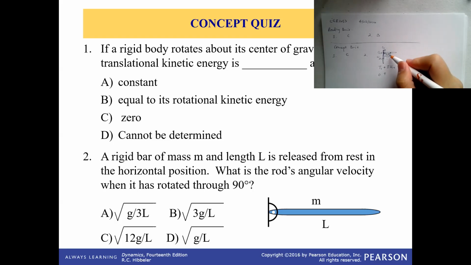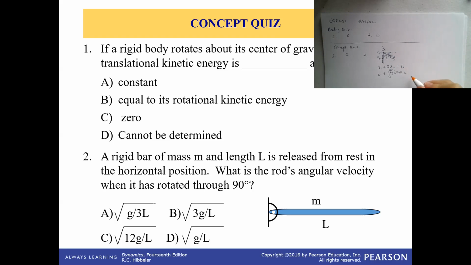The moment by the gravity you can do this way: the force mg times r, which is 1/2 L, times the cosine of theta, because you want the angle between r and g. You'll integrate from 0 to 90 degrees because the angle goes from 0 to 90 degrees.